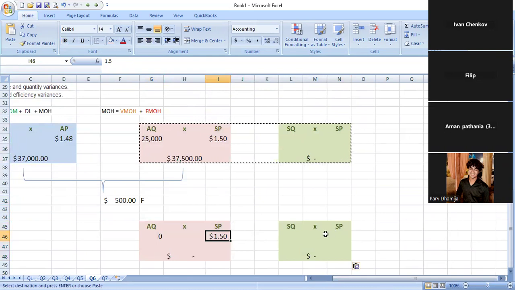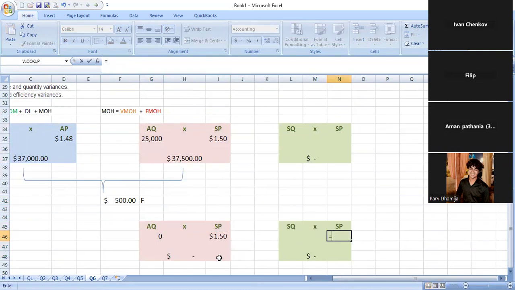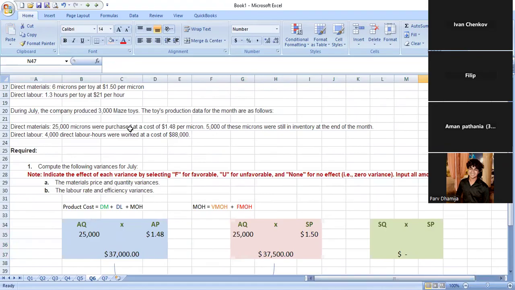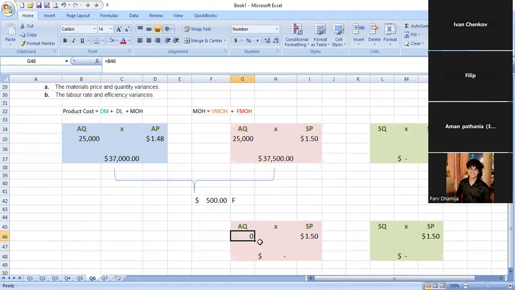There will be no changes in my standard price. Standard price is going to be 1.50. What's going to change now? Quantity. How much I used. So I purchased 25,000, but 5,000 are still sitting in my inventory. So how many did I use? 20,000 only.